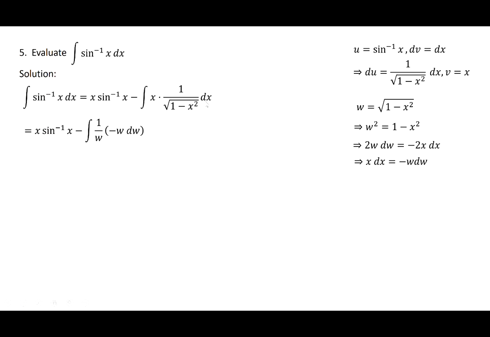I'm looking at this integral. 1 over square root of 1 minus x squared becomes 1 over w, and x dx itself becomes negative w dw. That's what I'm plugging in. And so that now becomes integral dw, and integral dw is just w, and replacing w with the square root of 1 minus x squared. Cool? So that's how you do integral sine inverse of x.